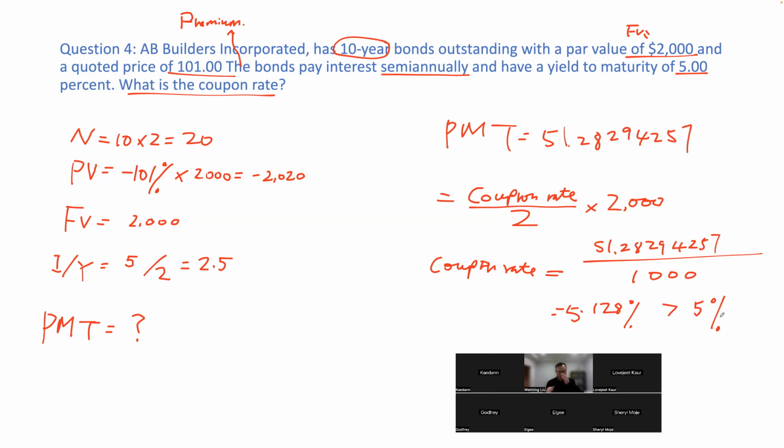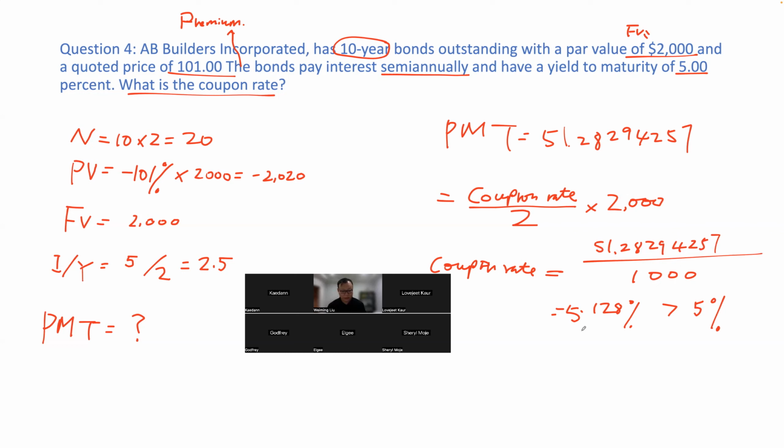So you make sure you double check, right? If you understand this question, please give me a sum up. 1, 2, 3. Okay. Any question?